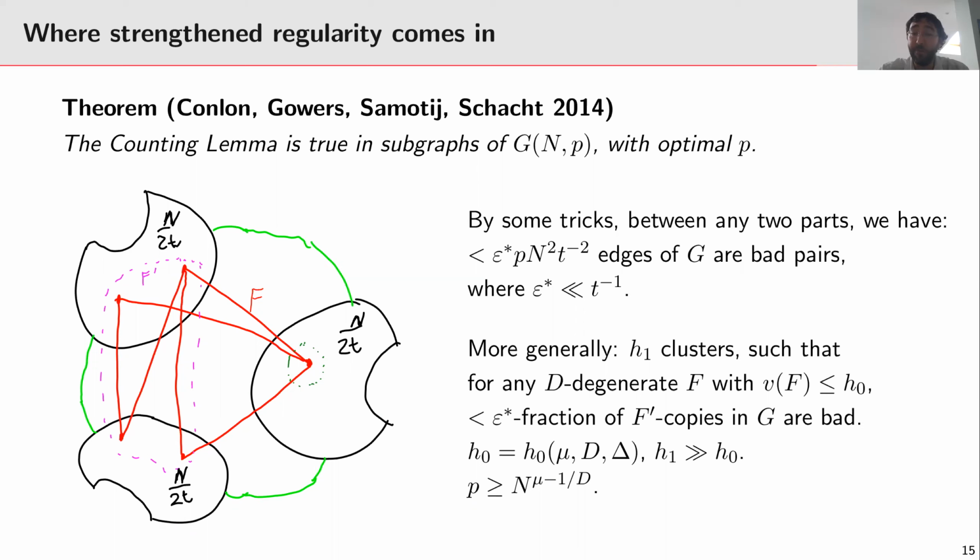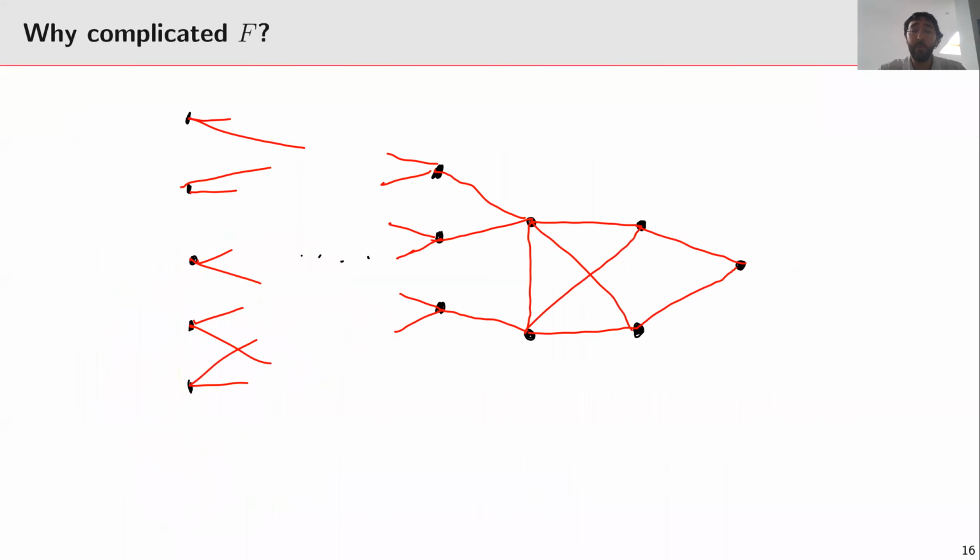And this works for the probability we're interested in. Okay, so this is kind of the argument I need to make to say there are very few bad F prime copies. Let me sort of quickly sketch how the whole argument then goes. And let me say one more thing.